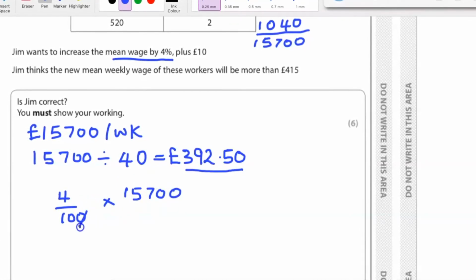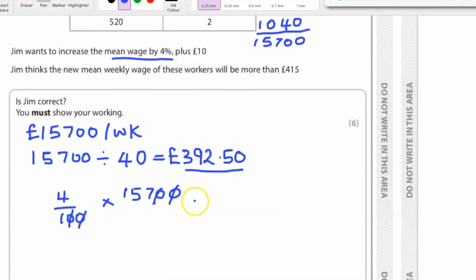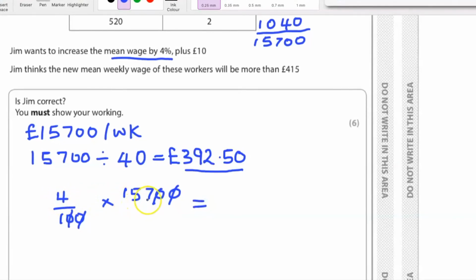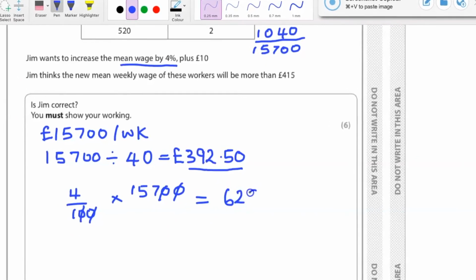Now cross the zeros out. Then you do 4 times 157. This will give you 628.